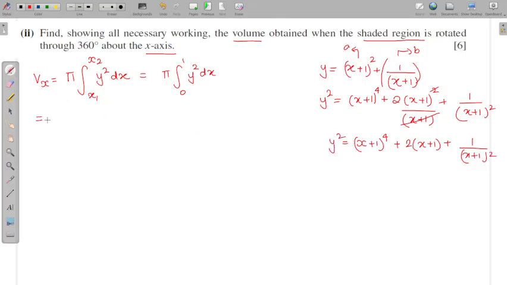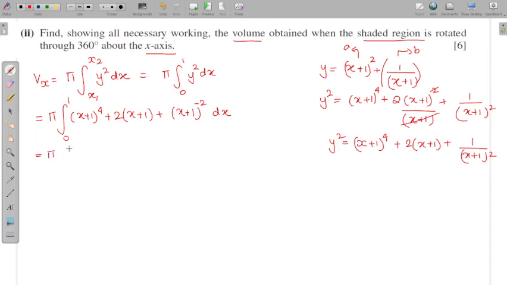So now let's integrate this. Let's integrate this separately. The integral from 0 to 1 of (x plus 1) to the power 4 plus 2 (x plus 1) plus (x plus 1) to the power of minus 2 dx.